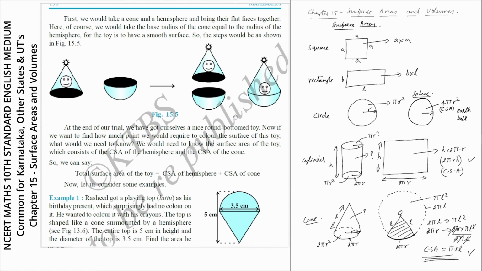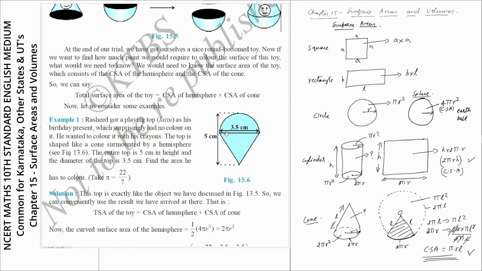In this example you can see there is a toy. This toy can be divided into two parts, one cone and one hemisphere. So total curved surface area of this toy will be the curved surface area of the cone and the curved surface area of the hemisphere.